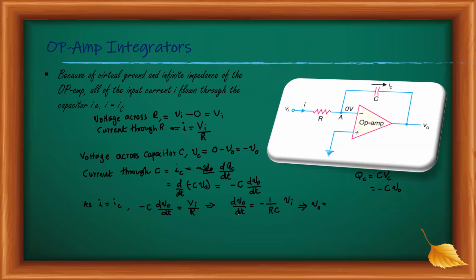For that, we take dt this side and we integrate dV0. Then V0 is equal to minus 1 by RC integral VI dt.